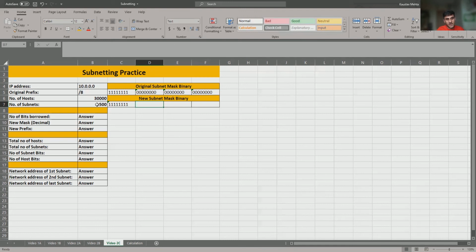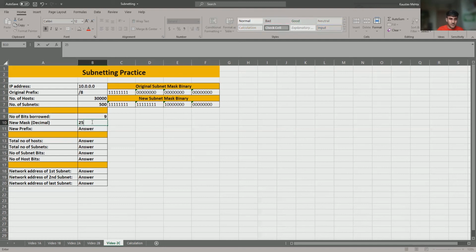To have 500 subnets as we calculated in the previous example, we need a total of 9 bits. So all ones for this one, and then we borrow 1 from the next octet, followed by all zeros, and then the last one will be all zeros. These are the host bits, and the ones that we added are the new bits borrowed for the subnet bits. So the number of bits borrowed here will be 9 again.